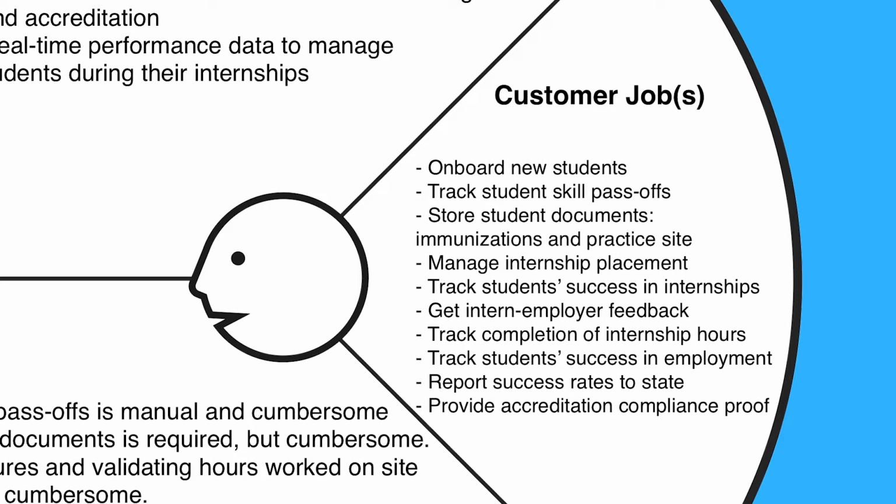They want to track the student skill pass-offs. They want to store student documents like immunizations and practice site information. They want to manage internship placement, track the student success in internships, get intern employer feedback, track the completion of internship hours, that was a crucial one, and then also track the student success in employment and report success rates to the state, and provide accreditation and compliance proof.